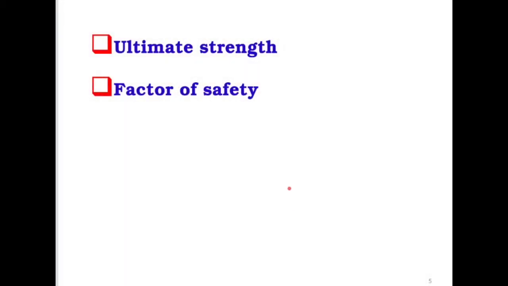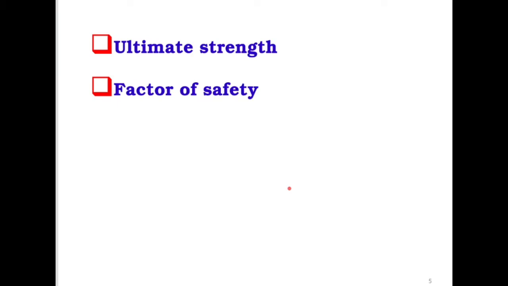Now, the other factor related here is the ultimate strength, and this ultimate strength is related to the conductor material. When we choose the material for the construction of a conductor, we may use fully copper or fully aluminum conductor.